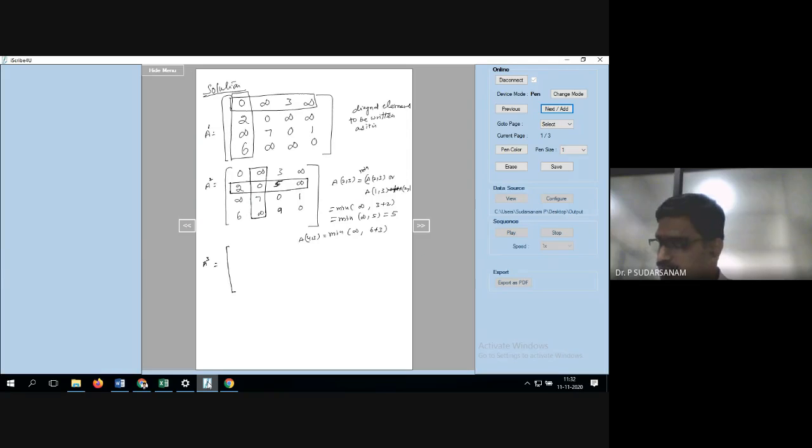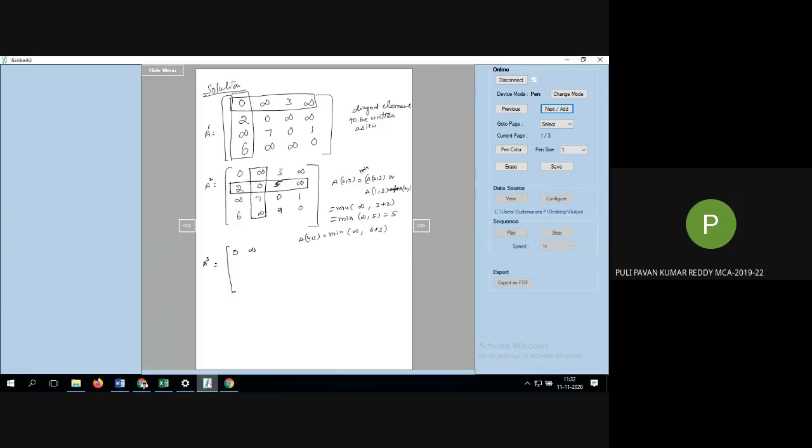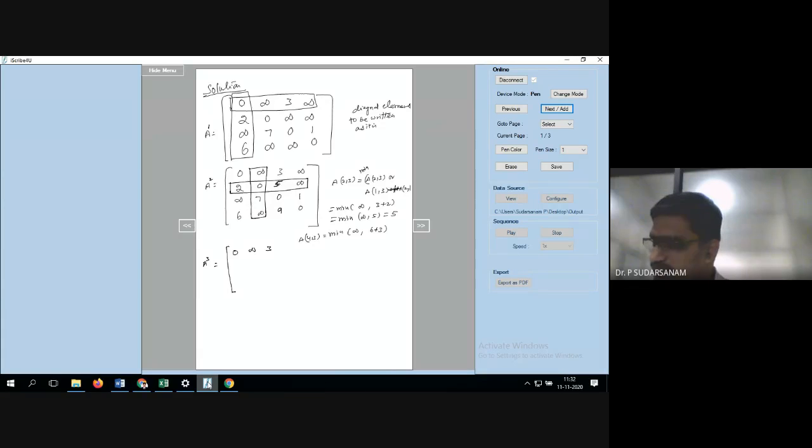First row. 0. This is selected column, we are not changing anything. Next row. 3 comma 3, infinity plus 5. 3. Next row. Infinity. Infinity. Infinity. Next row, selected row, copy it as it is. Next row. 9, sir. 9. Make it bold, because in this row this value got changed.